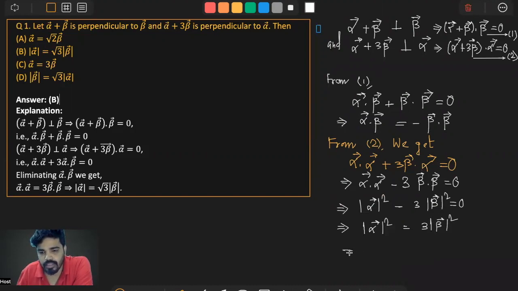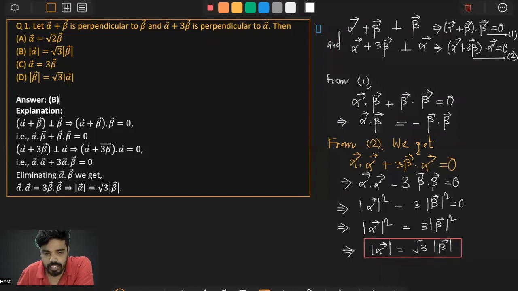So that means modulus alpha is equal to √3 modulus beta. So which option is correct? Option B is the correct answer. Getting my point? Okay, clear?